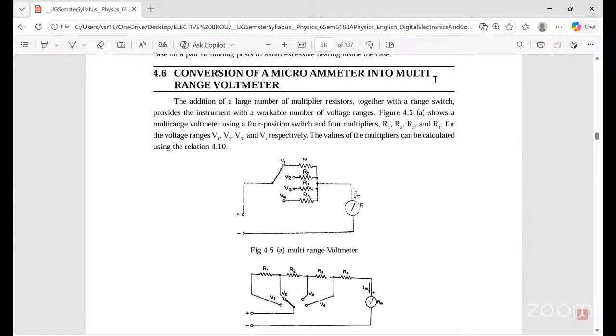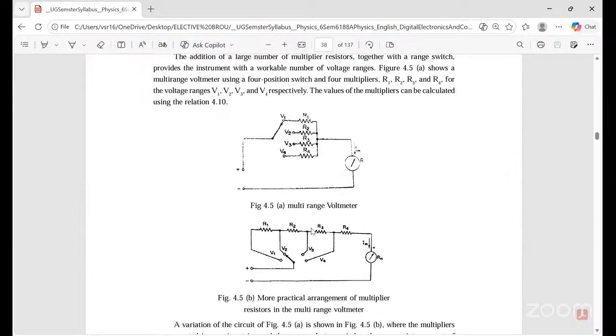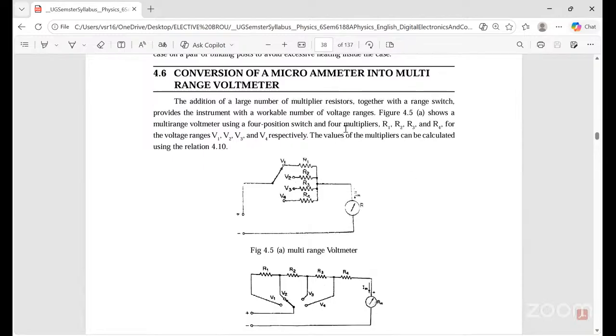Next is the conversion of a microammeter into a multi-range voltmeter. In place of a switch, V1 voltmeter, V2, V3. Whenever you are going for a new concept here, you must know what the previous one was and what the present one is.